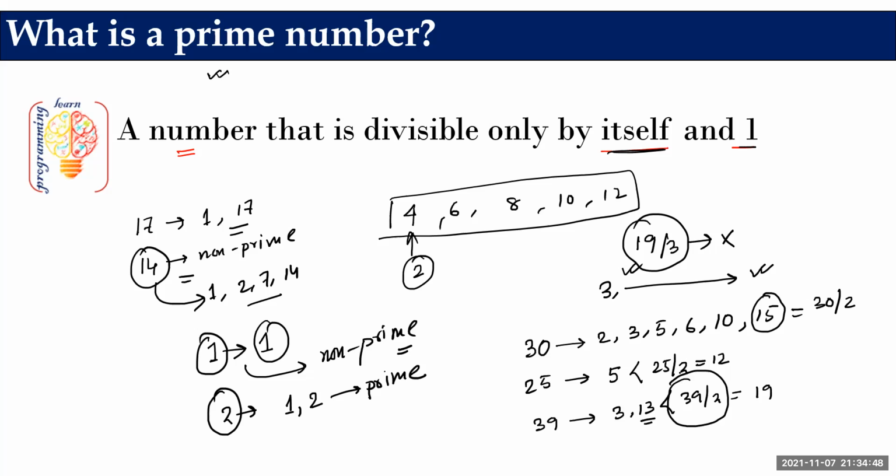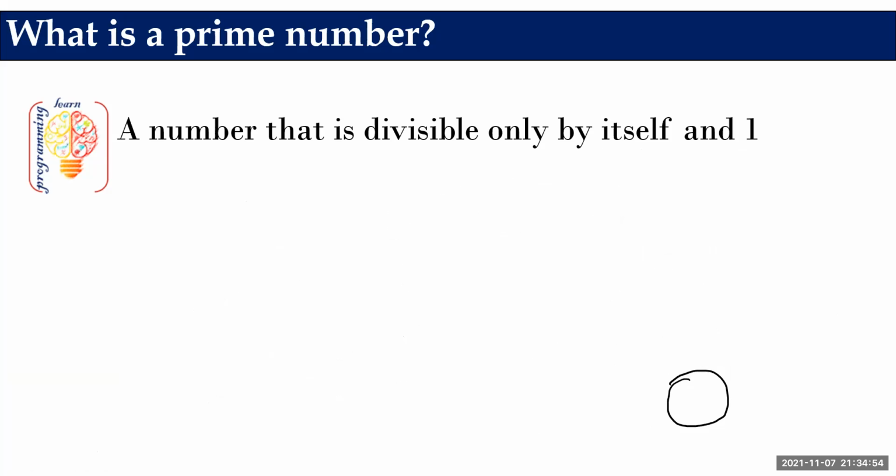Why am I discussing this point? If I take a very large number, suppose 1079, and start dividing it from 3, why should I go till 1078? Because the factor it has, apart from the number itself, should be less than or equal to half of that number.